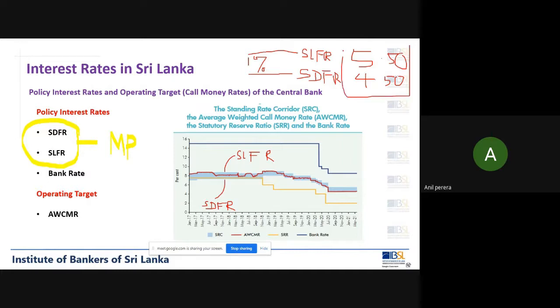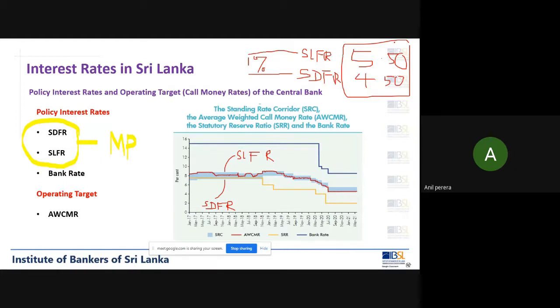These numbers are actually in your exam. Sometimes the examiner asks what is the current level of SDFR, SLFR, likewise. So you need to know these numbers because most of the time it's a 2 mark question. Unless the central bank changes rates before your exam, these are the applicable rates.